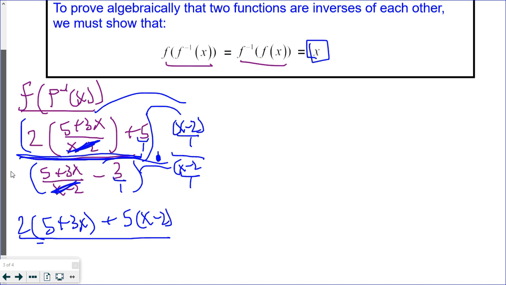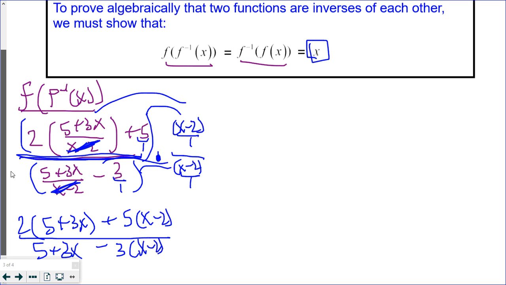So I'm left with just 5 plus 3x minus, and then 3 times x minus 2, right? There's nothing that cancels about that second part. Okay. So that's just a little reminder on how to do complex fractions.